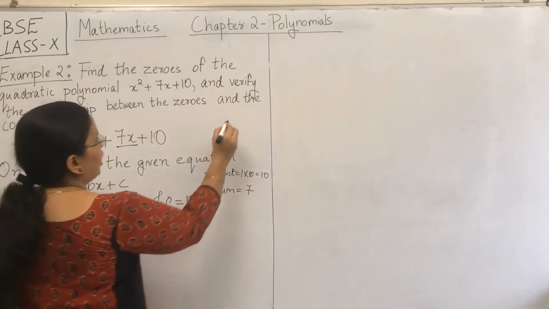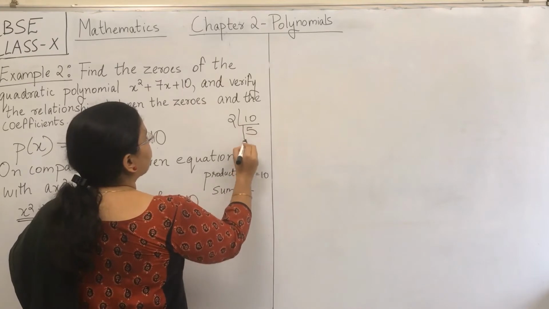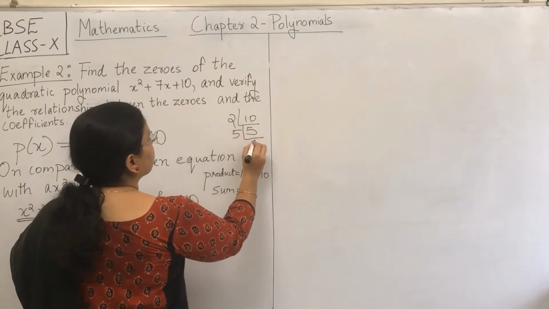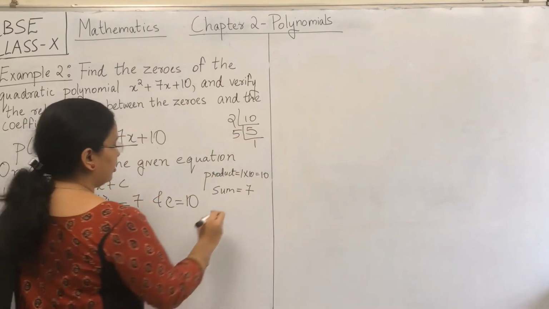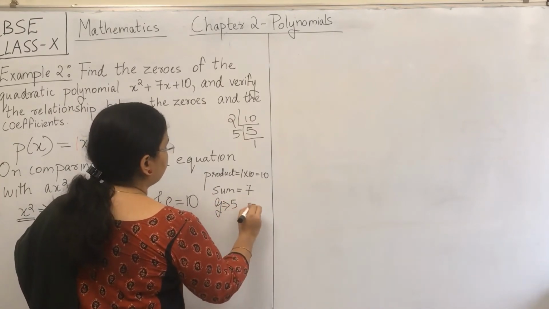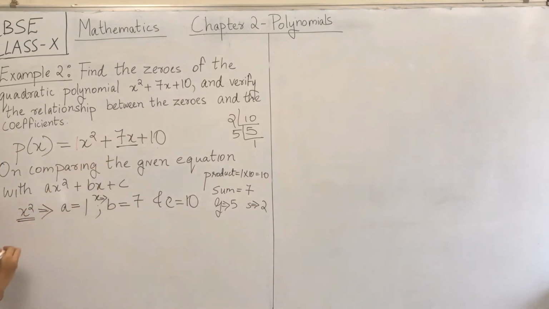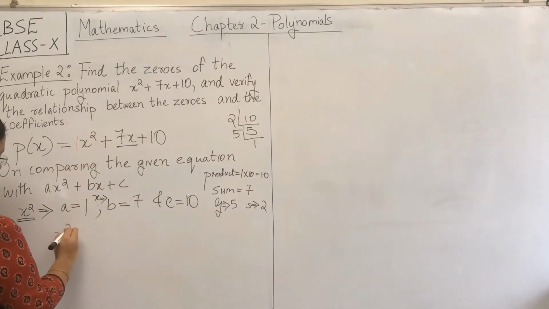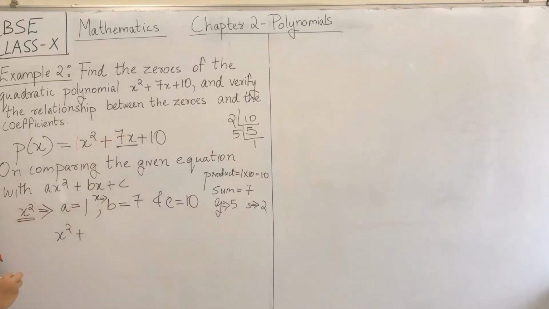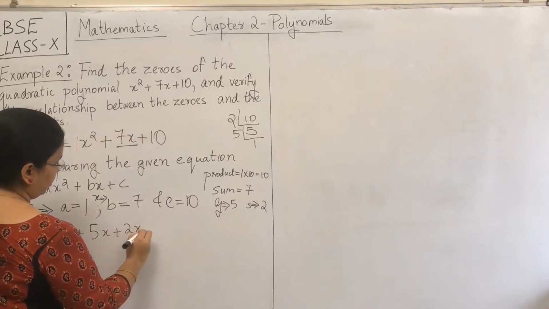Now we can factorize 10 and we got 2 and 5 as the factors. Here the greater number is 5 and smaller number is 2. We can split the middle term, that is x square plus, instead of 7x, 5x plus 2x plus 10.